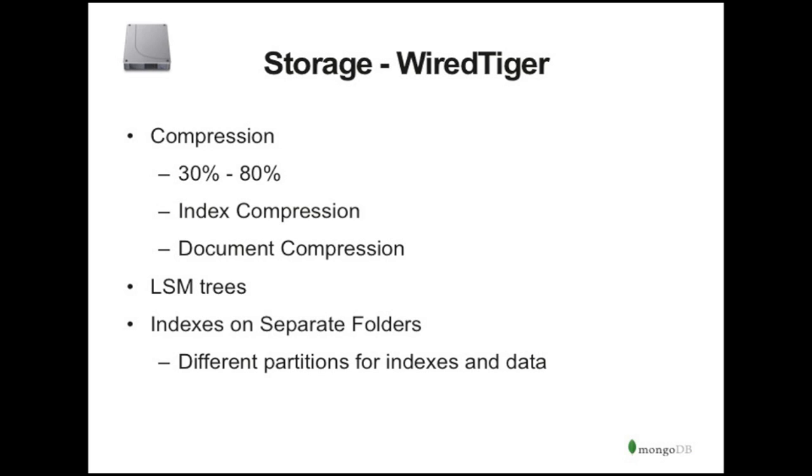The good thing is that we're going to be able to compress documents and indexes separately, which probably will make us better suited for different use cases and more scenarios. We're going to be using LSM trees on that storage engine, and this will make a significant difference in how we use the storage layer.